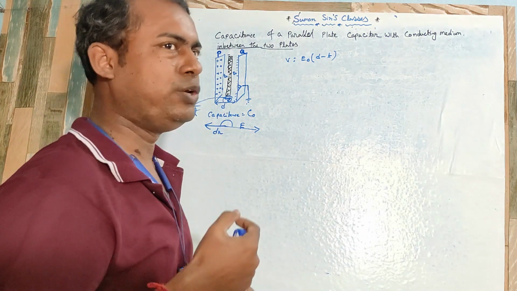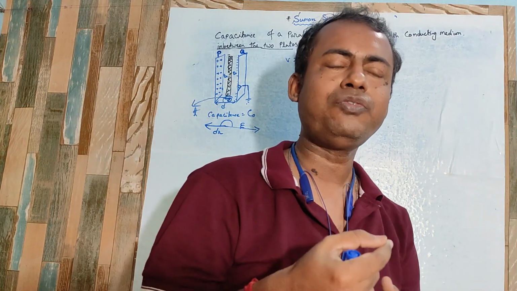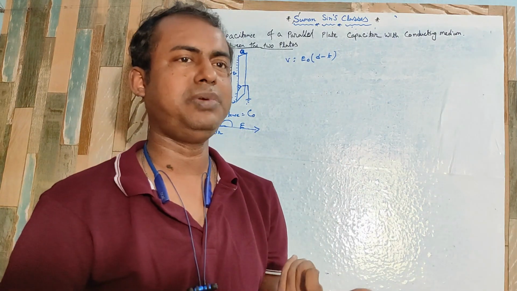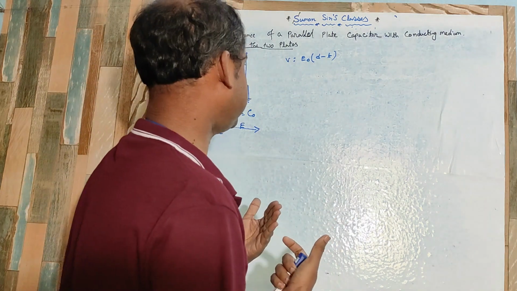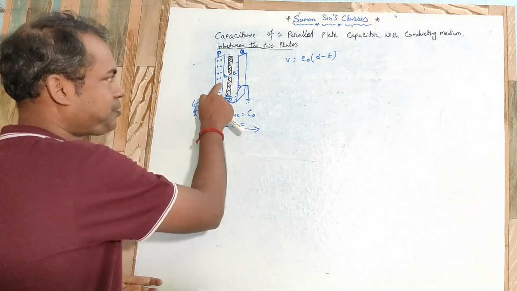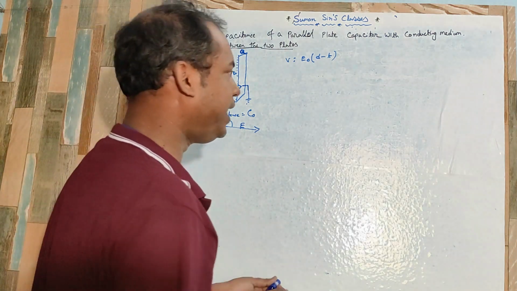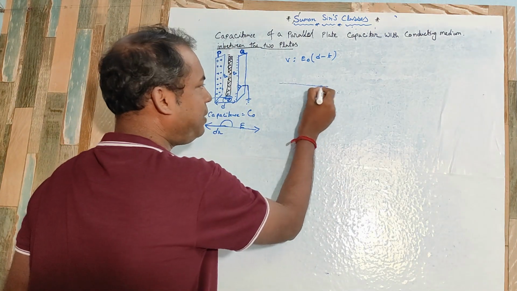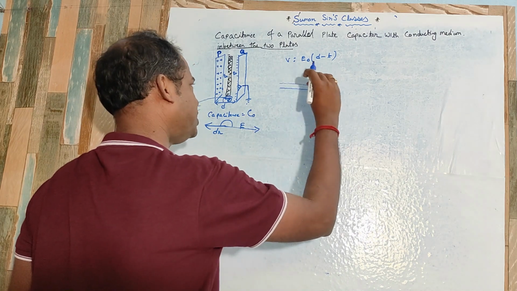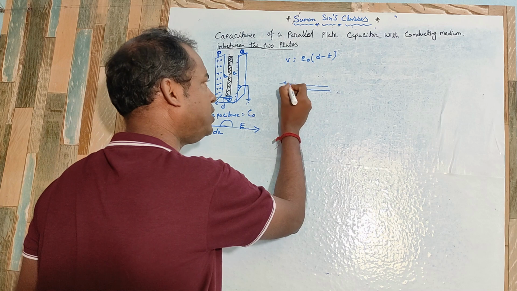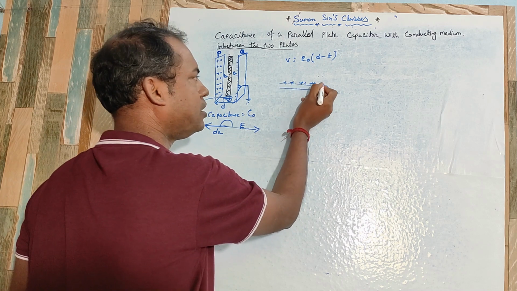So now, due to the conducting medium, we want to find out the capacitance. In the presence of the conducting medium, how does the capacitance change? Just consider a simple conducting wire. Charge is always present on the surface of the conductor.